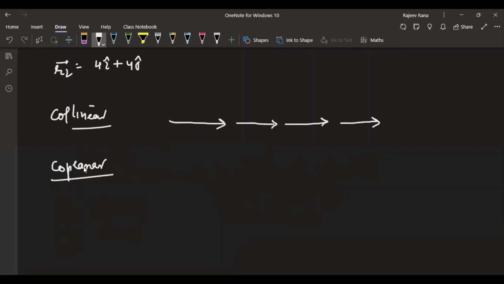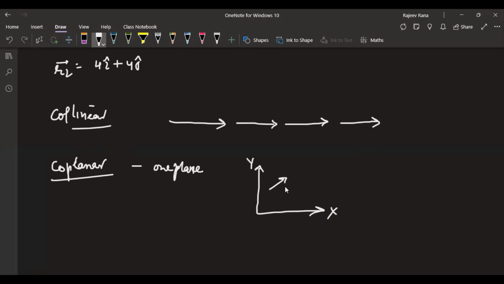Coplanar means which are in one plane. Do you know what a plane is? It is a two-dimensional area or a space.